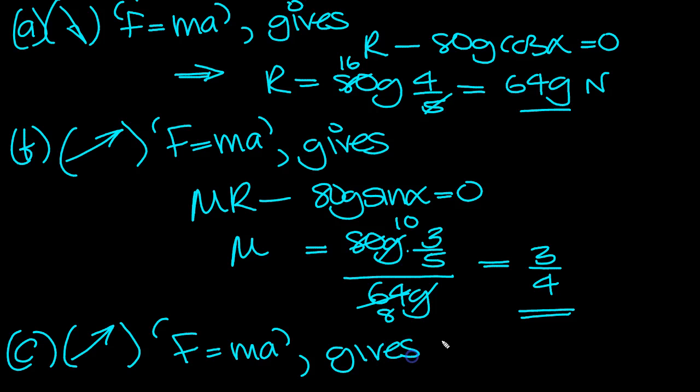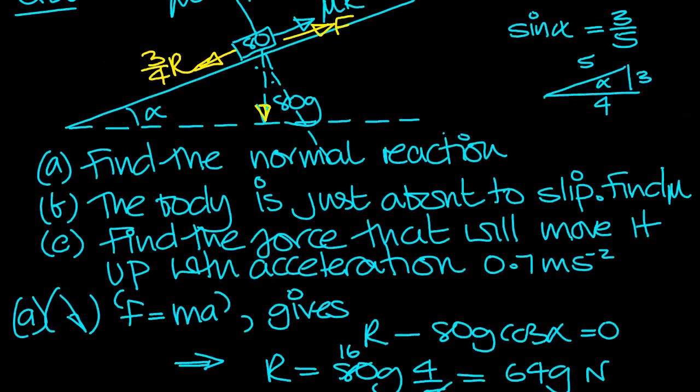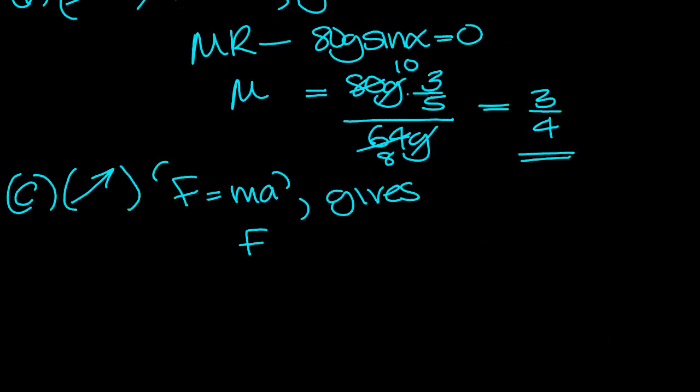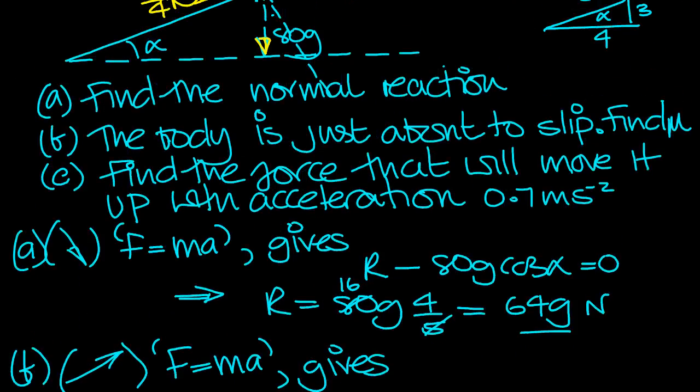We've got the force that's pulling it upwards, F. We'll label it F because we don't know what it is. Minus the force due to friction, 3/4 R, minus the component of weight along the slope.